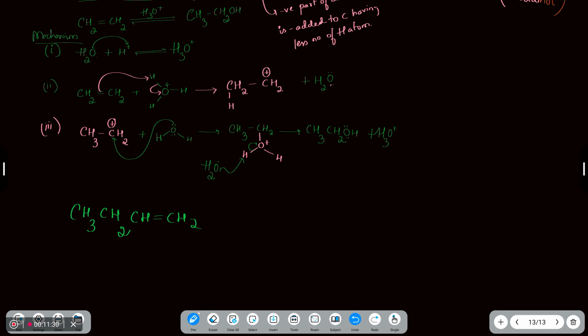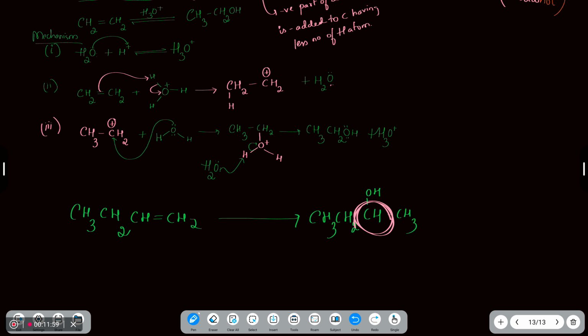CH. The second carbon will get the OH, right? In the first step, you need to make sure that you are writing the product. Always when the conversion is asked or when the mechanism is asked, in the first step, make sure you are writing the product. Only if you write this product, when you are making the attack, you will know which carbon should get positive charge. Now in this, the central carbon should get positive charge.